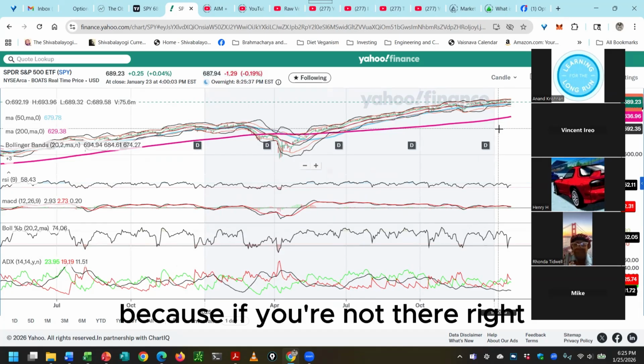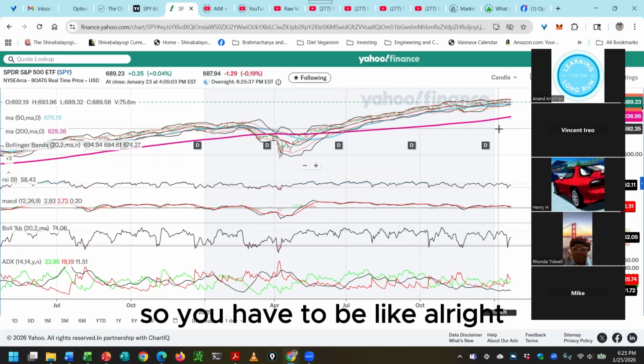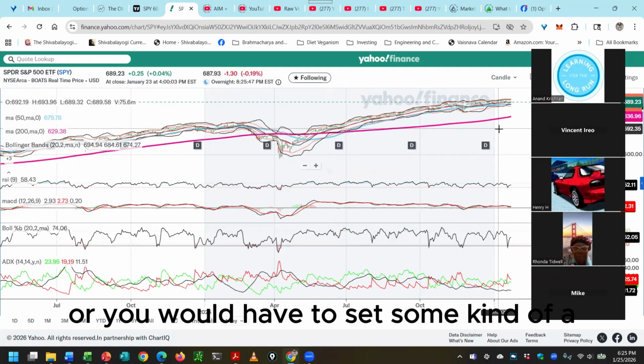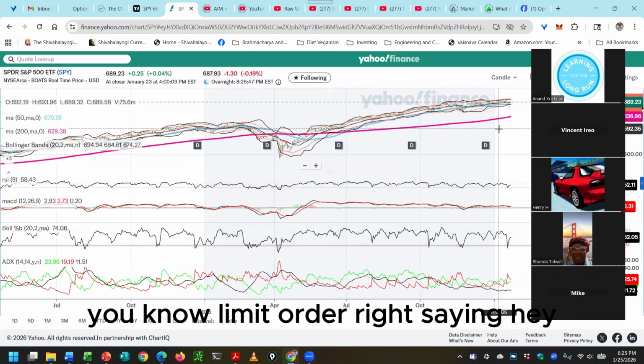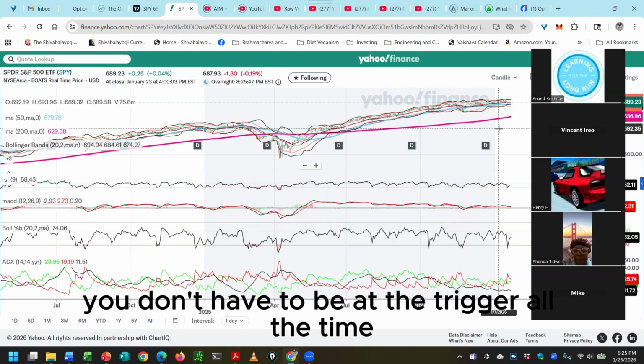If you're not there, things change back so fast. So you have to be like, all right, if it hits this target, I'm out. Or you set a limit order, saying I sell at this price as soon as it reaches that. That way you don't have to be at the trigger all the time.